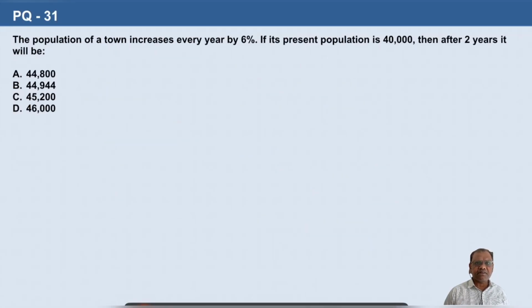Question number 31. The population of a town increases every year by 6%. If the present population is 40,000, then after 2 years it will be what? Present population is 40,000. It increases every year by 6%, so into 1 plus 6 by 100.